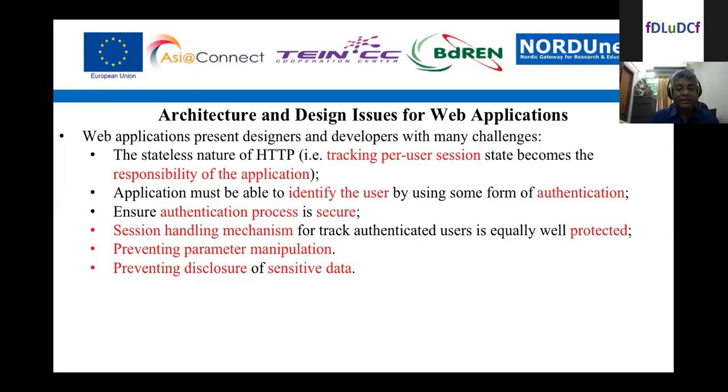Number two, the application must be able to identify the user by some form of authentication, and then you have to ensure the authentication process is secure, and then session handling mechanism, and then preventing parameter manipulation and preventing disclosure of sensitive data. So you have these few issues to consider for designing a web application.